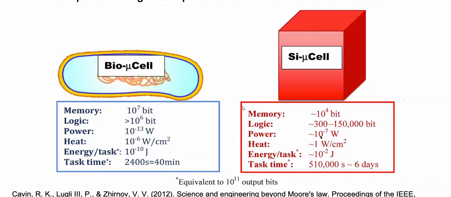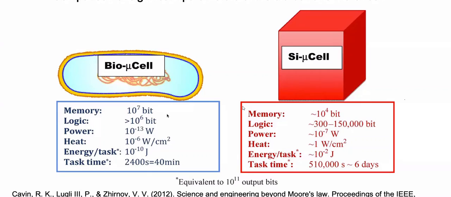The power is 10 to the minus 7. The heat is about 1 watt per centimeter square. However, the task time in cells takes 40 minutes. And if you want to do the same task in silicon, it will take much, much longer. I'm doing the calculation for 10 to 11 output bits.